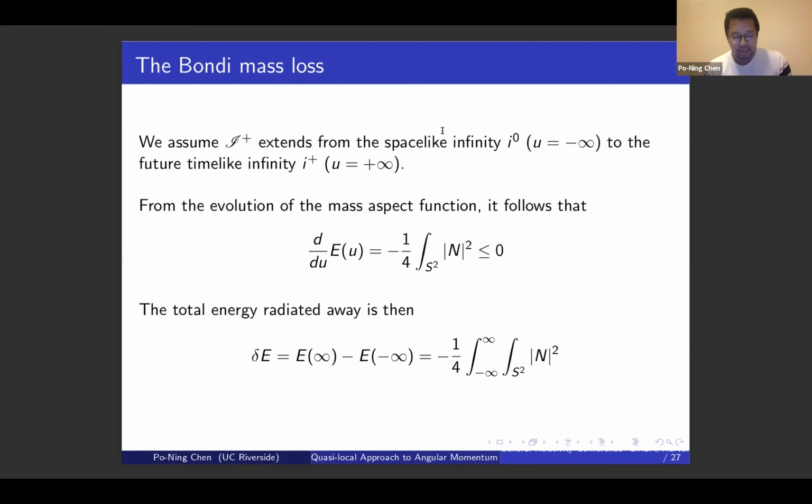Also, from here, you can write down the total energy radiated away in this particular boundary coordinate system, right? E at positive infinity minus E at negative infinity. Well, you just integrate the derivative. So you integrate the news squared on S² and then on u, so integrate the news squared on scri plus. And there's some constant in front, but again, this gives you the energy radiated away, at least in this particular boundary coordinate system.